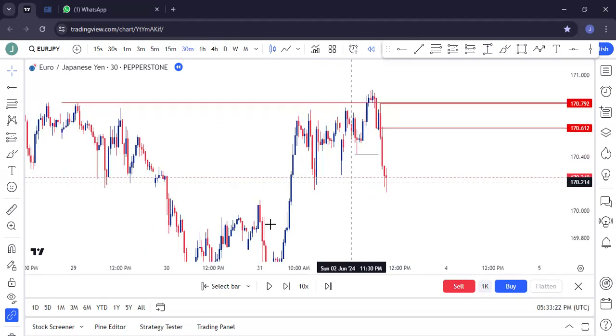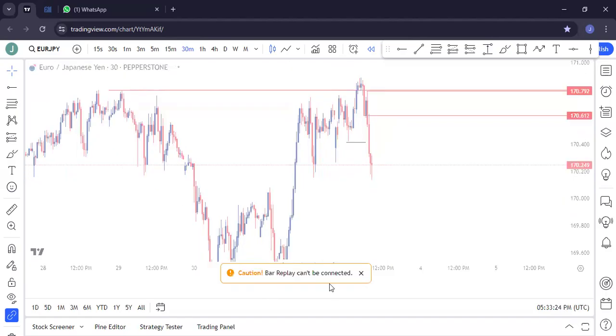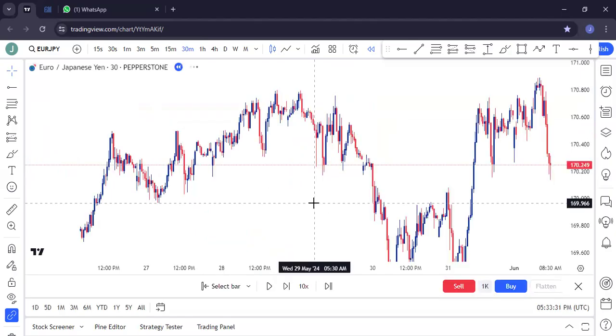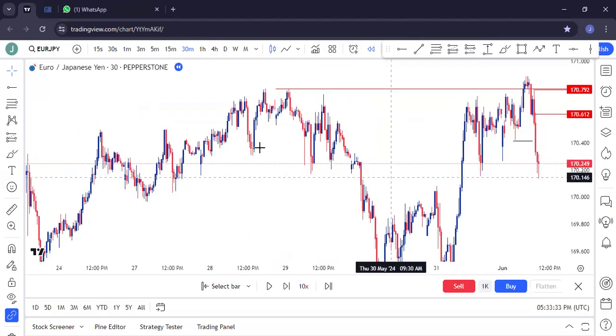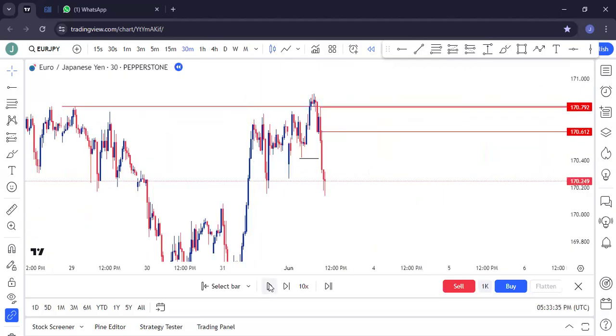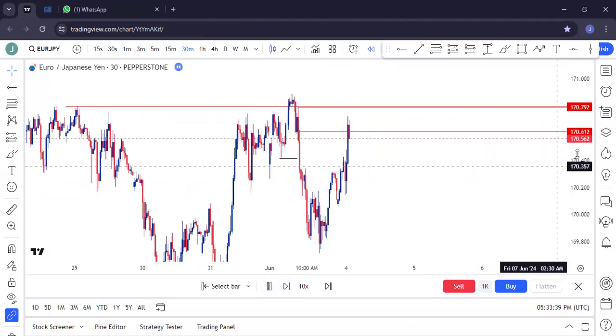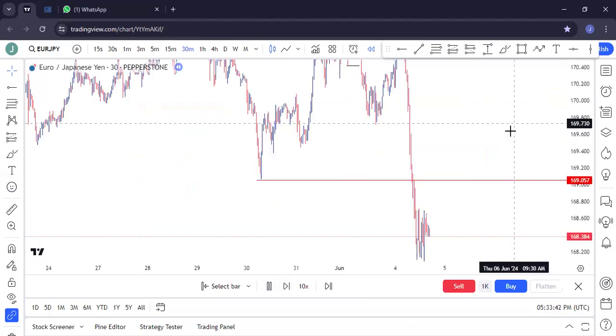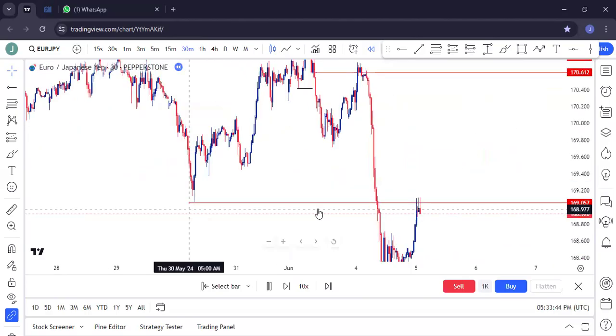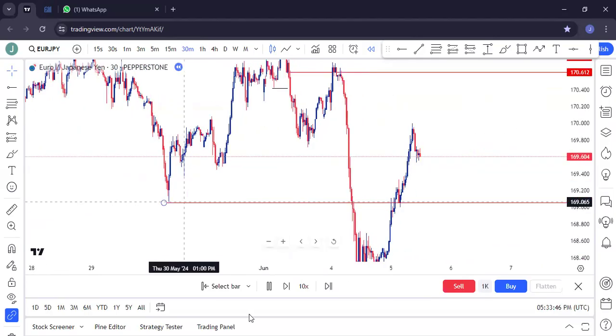So yes, look, the price. What happened now? Okay, so if you play price here, you find out the price came to that area and sold. You see, the price went to break the low here.